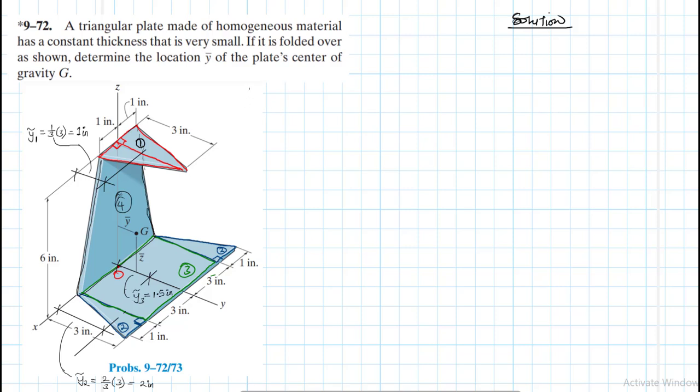For the first one, area number 1 is half times 2 times 3, which is equal to 3 inches squared.